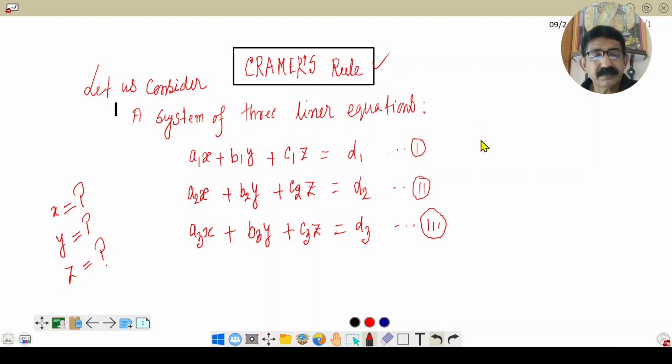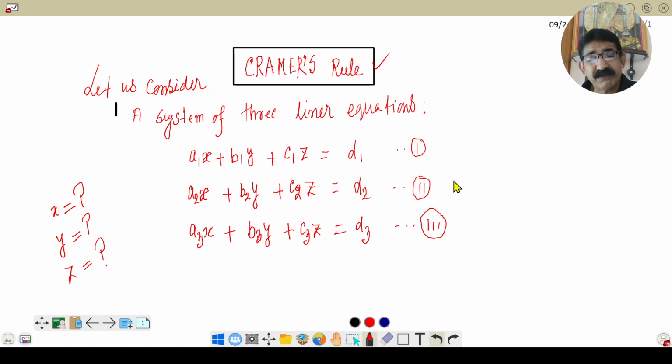Now let us consider, we have already considered a system of three linear equations like a1x plus b1y plus c1z is equal to d1, a2x plus b2y plus c2z is equal to d2, and a3x plus b3y plus c3z is equal to d3. These three equations are independent to each other. Okay.